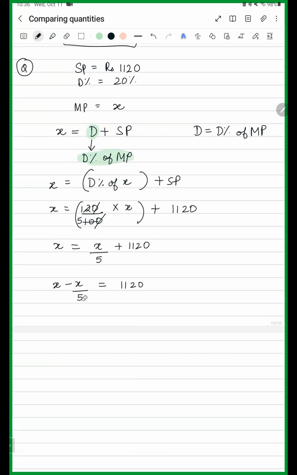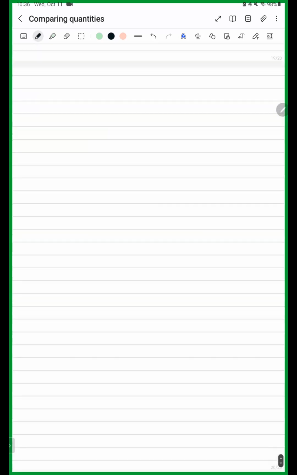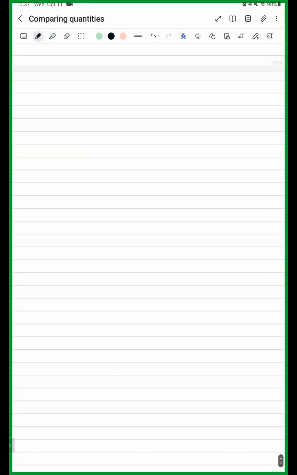No, no, no. See, what is happening here is x by 5 is being added to 1,120, right? So when it goes to the other side, it will become subtracted. We do that when you first ask yourself: this particular term that I am taking to the other side, is it being added, subtracted, multiplied or divided?